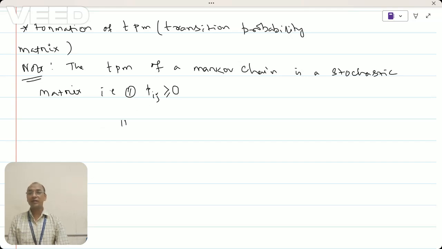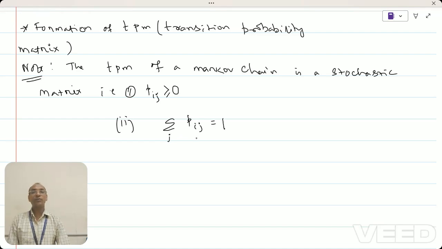And the second condition is the summation over all j of pij must be 1. That means over the row, whatever elements are there, the sum should be 1. Each element is either 0 or more than 0, but the sum of the elements in a row must be 1, not more than 1.